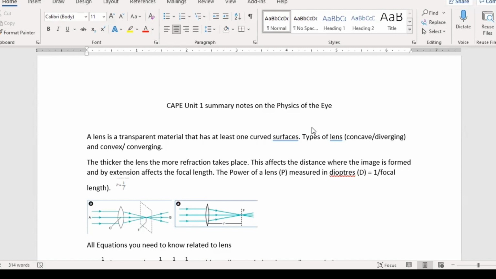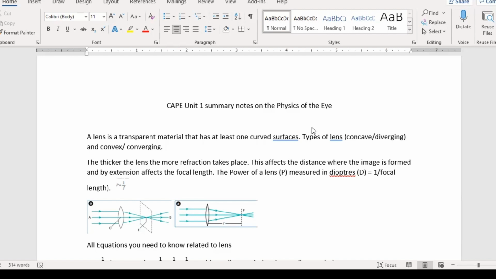If the lens is much, much thicker, it would generally have higher power, which is just the amount to which it is able to refract light. The unit for measuring that power of a lens is called diopters.